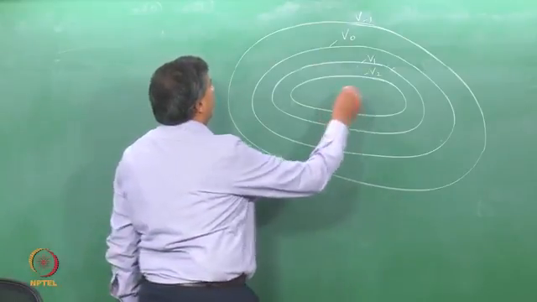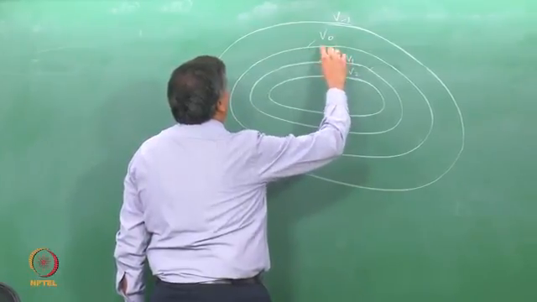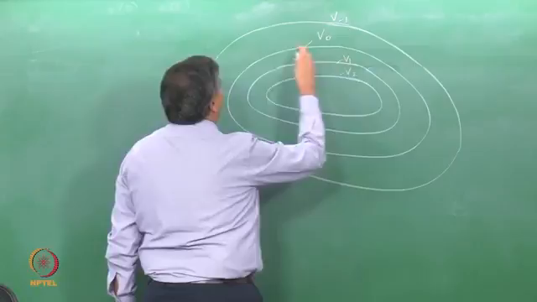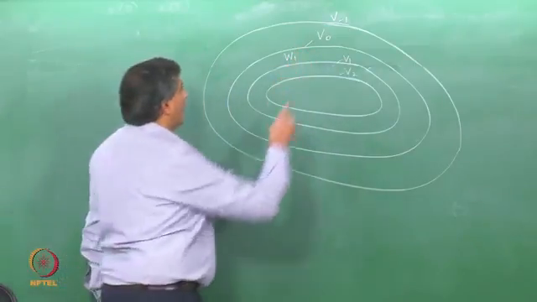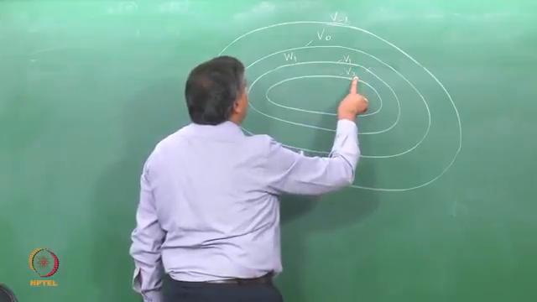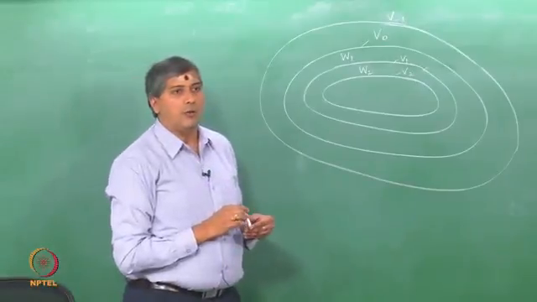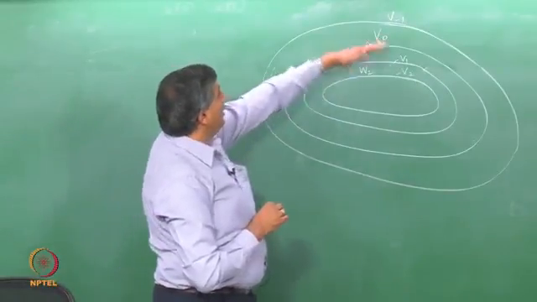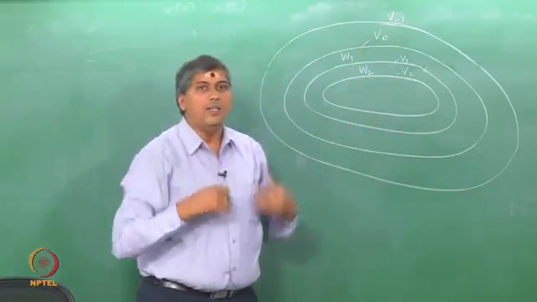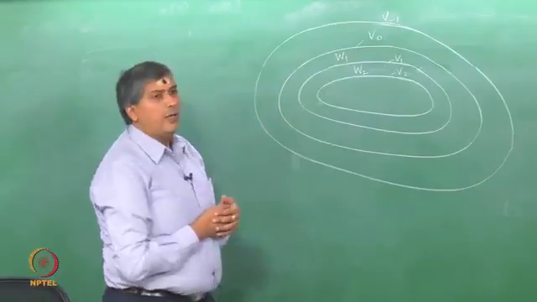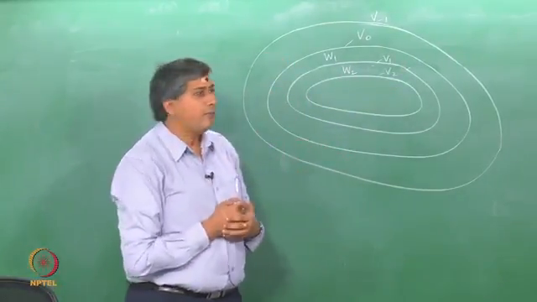Now, today what we are going to talk about is the gap that is left out when you move from V0 to V1. This space we call W1. And once again when I move from V1 to V2, the details that are left out are contained in the space W2 and so on. So, as you can see, these spaces V0, V1, V2, V-1 are inclusive, and as m goes to minus infinity, they would consume the entire real space.